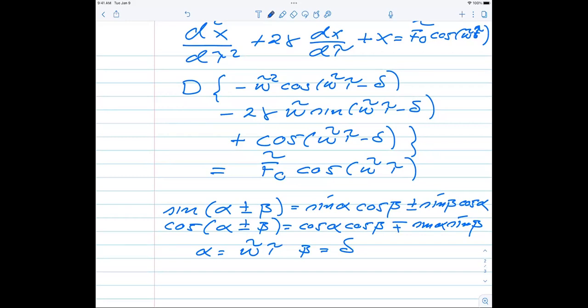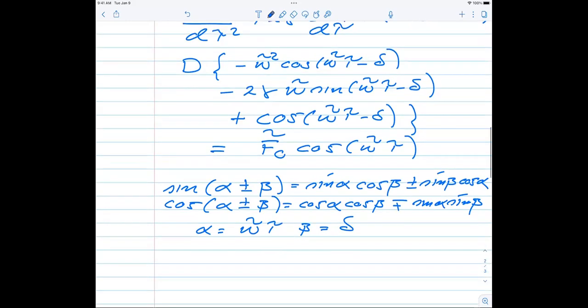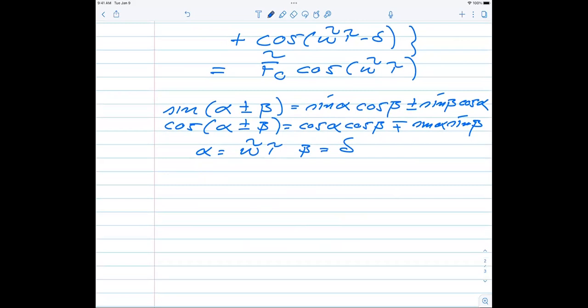So what I'm doing now is simply to take the sine and the cosine of omega tilde times tau minus delta, and rewrite that equation within the curly brackets here. When I rewrite it, I'm going to get one term with sine and one with cosine.